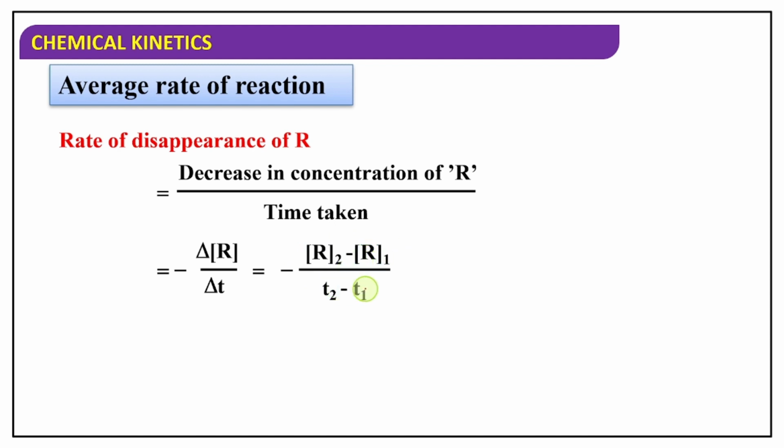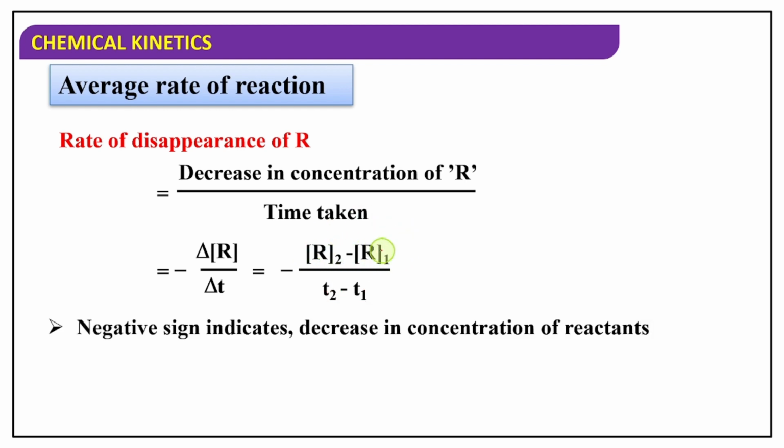At time instant 1, the observed reactant concentration is R1. At time instant 2, the observed reactant concentration is R2. Now if I find the difference in reactant concentration and divide by the time taken, I will be able to calculate the rate of disappearance of R.